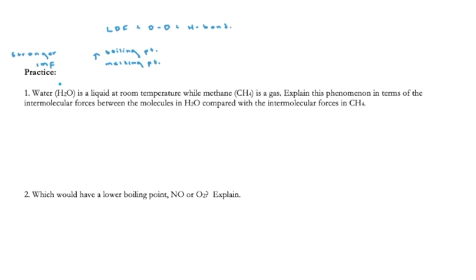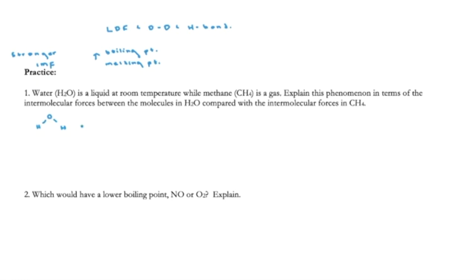All right, so why would water be a liquid at room temperature while methane is a gas? Well, what that tells me is that the intermolecular force for water is stronger than that for methane, because it is a liquid. So what I have to do is figure out what type of intermolecular force water has versus methane. If I draw water, what you'll notice is that the hydrogen is attached to oxygen, okay?